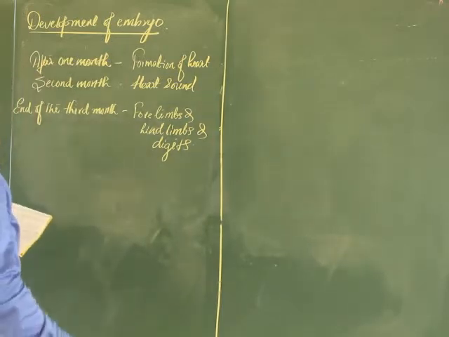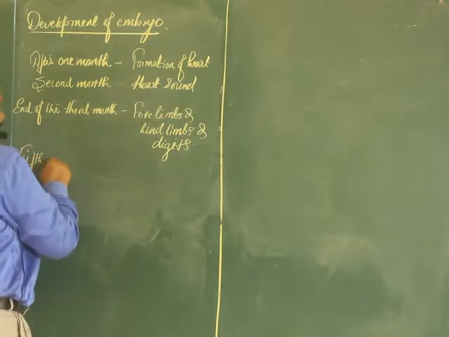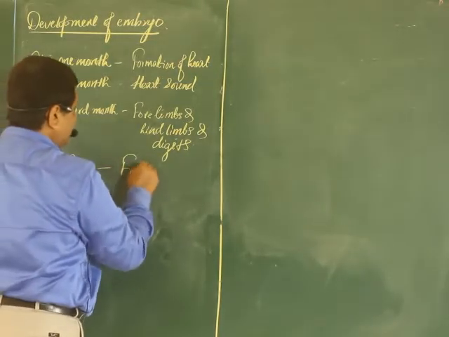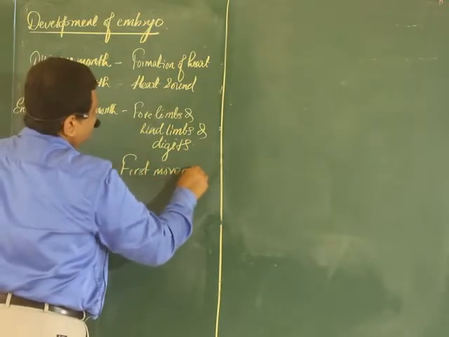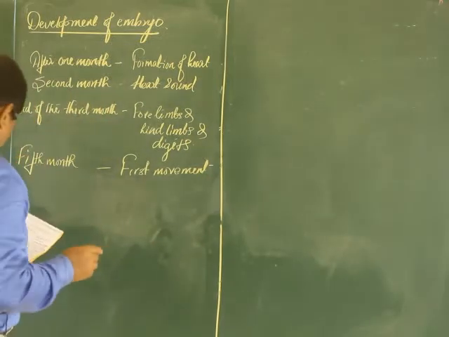Then 5th month, first movement of the child. Slow movement, little bit leg movement will be there.